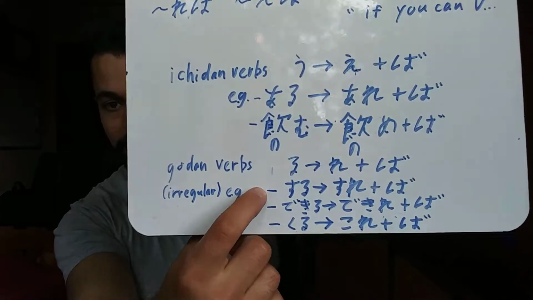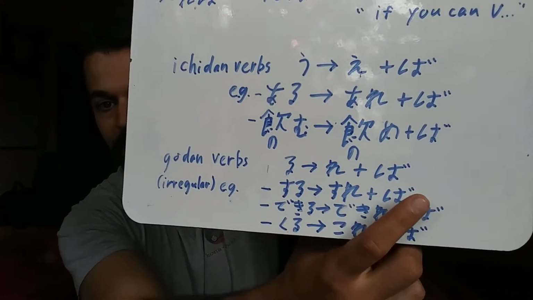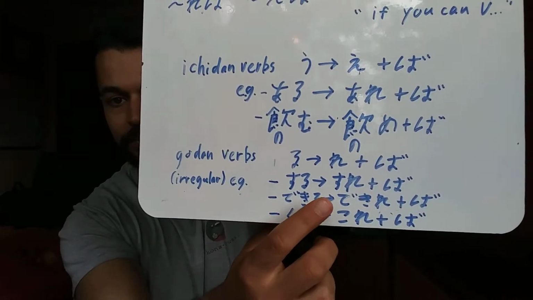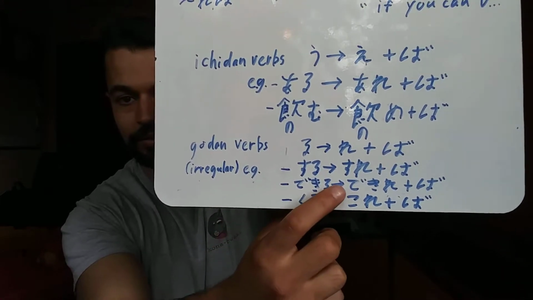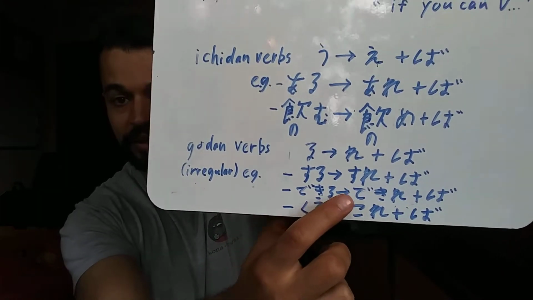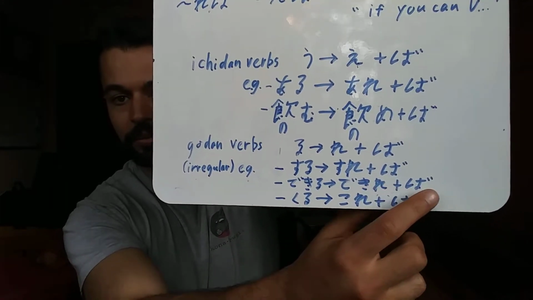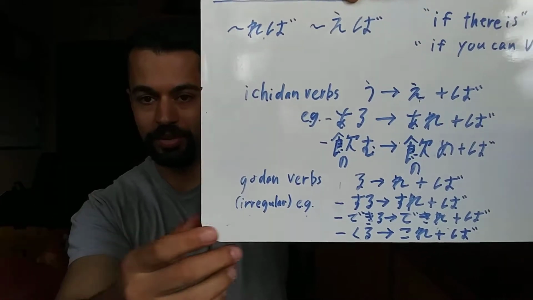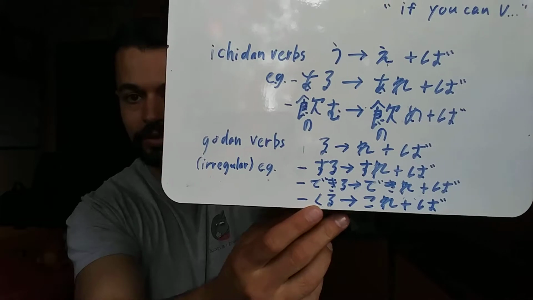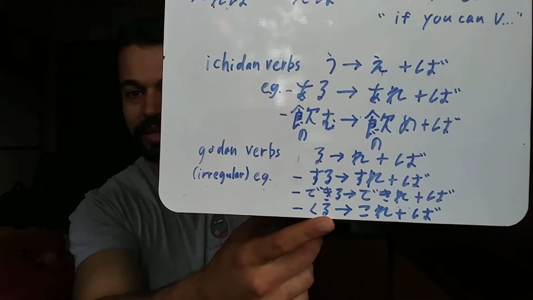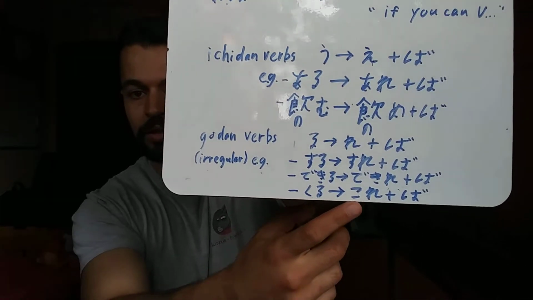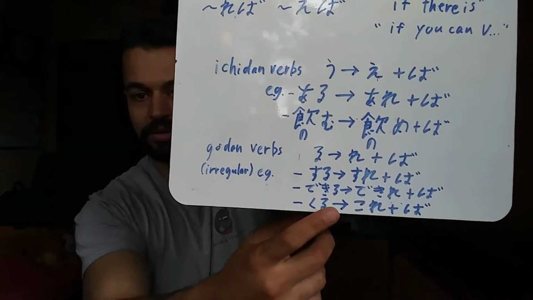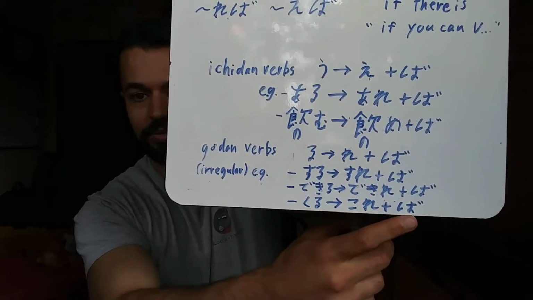So a couple of examples. する becomes すれば, or できる. So する to do, できる to be able to do, like I can do something. できれば. If I can, then something else happens. Or, and this is another one I put here because it's an irregular verb, 来る to come. くれば. So る becomes れ and then you put ば on the end.